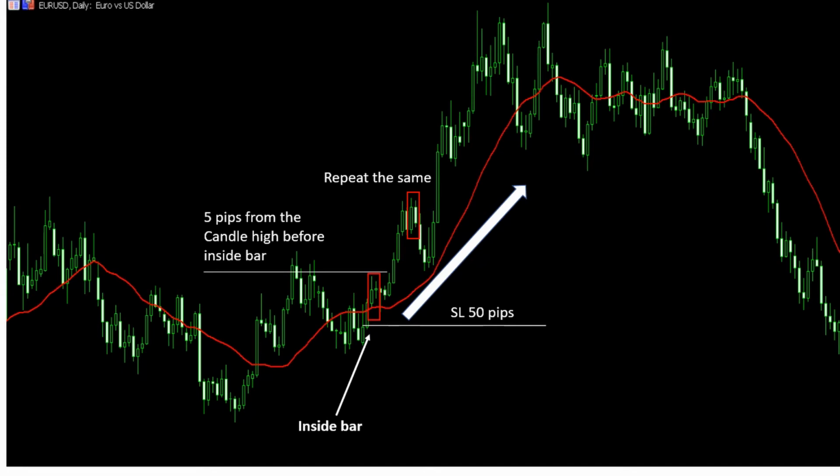Based on your risk management, if you set stop loss of 50, then you can set 1 to 2, maybe about 100. Probably your trade is closed here, right? But based on experience, people like me, I will set somewhere here. That's based on my experience.